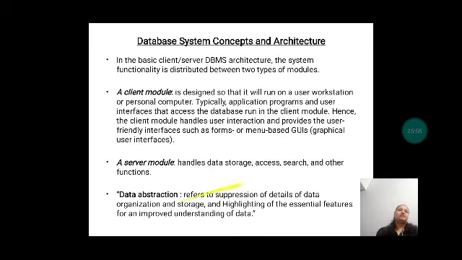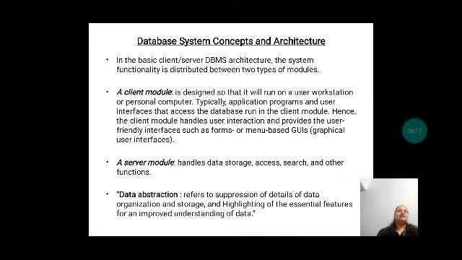So I'll brief out what all I discussed in this video. I started with the database system concepts. Here we saw the DBMS architecture is based on two models: one is the client model, another is the server model.